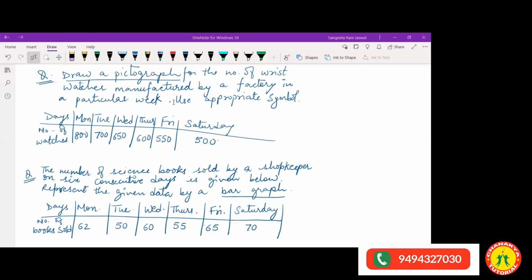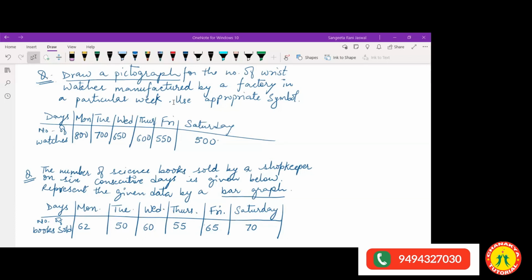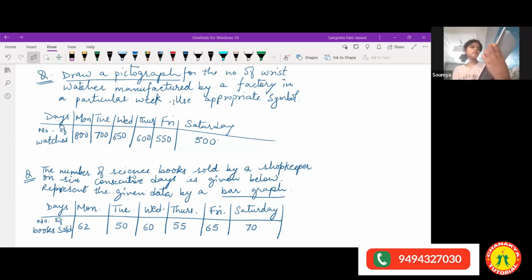Yes, Soumya, done? Yes, ma'am. Okay. Show me. Yes. What have you taken your 1 unit on y-axis? Ma'am, 10 books.